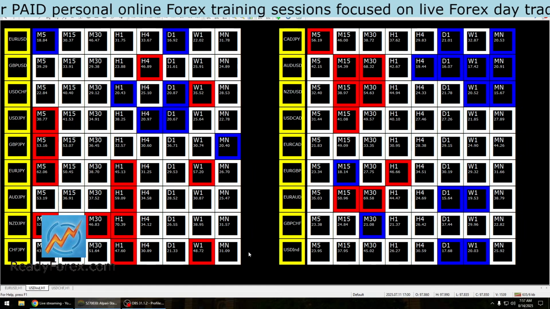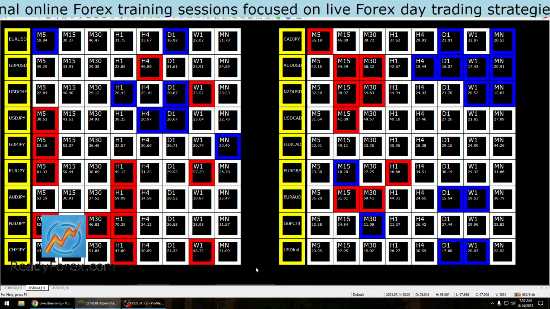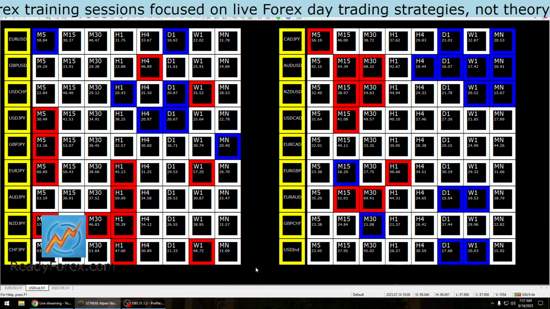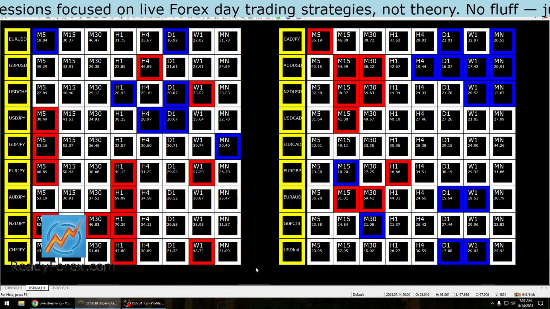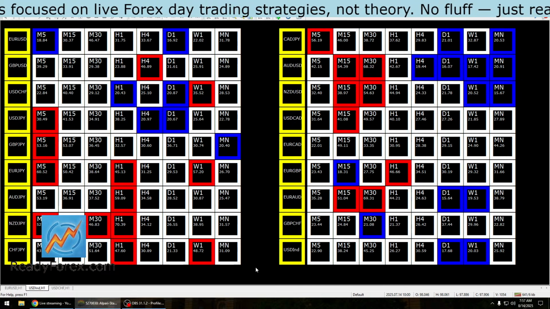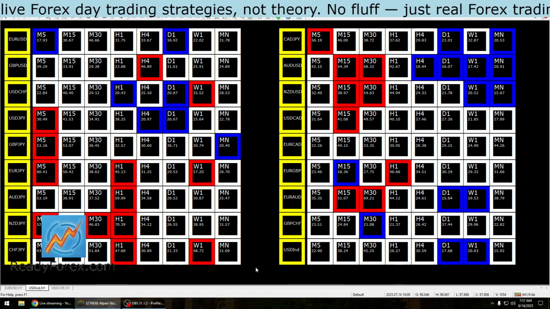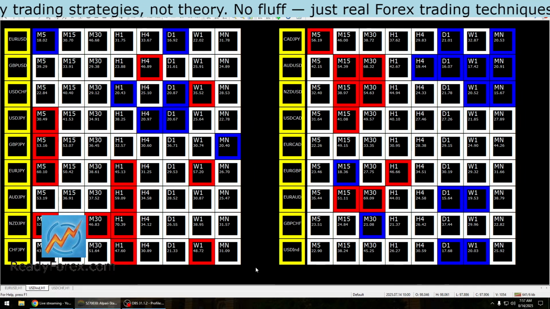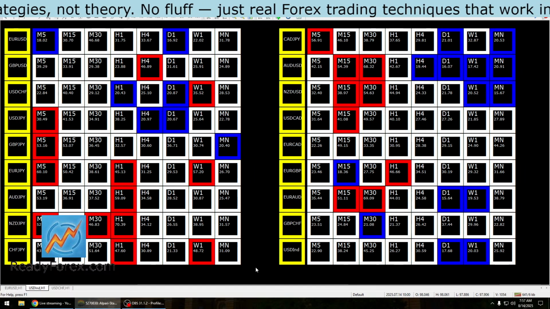Go back over here. Okay, so pound is actually looking to turn around, and let's see what else we have. Euro yen is also looking to change its direction.